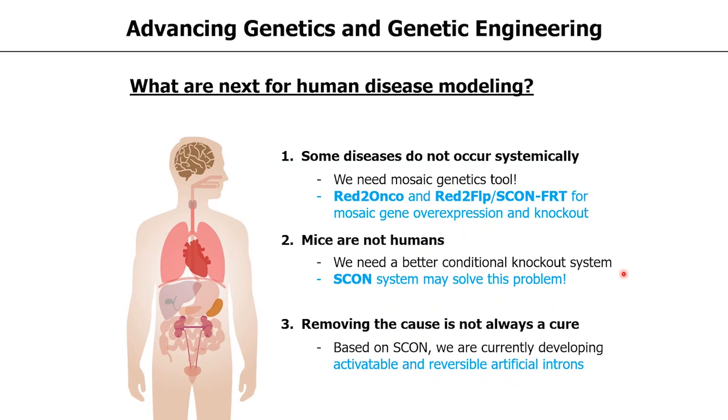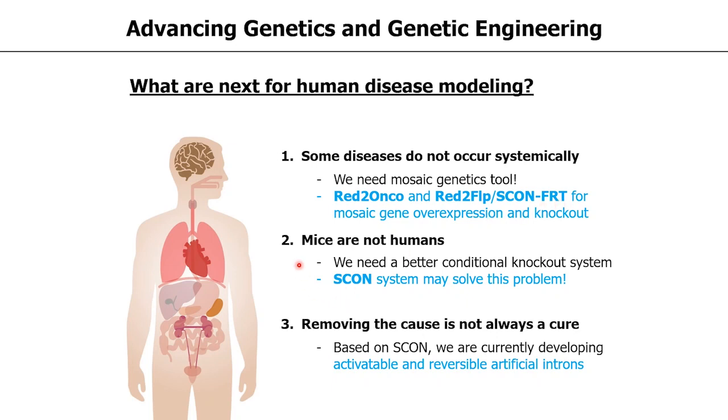With that, I come to my conclusion. I had three thoughts that I explained in the beginning. The mosaic issue was already solved by our lab by generating these rat-to-onco models, and we are currently preparing a manuscript for rat-to-knockout, with which we can do a mosaic knockout in any tissue we want.